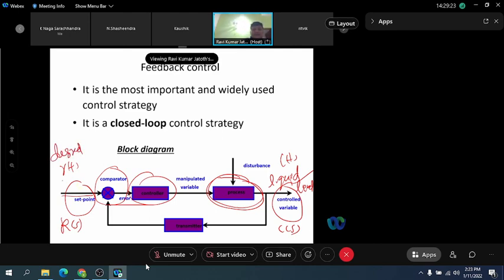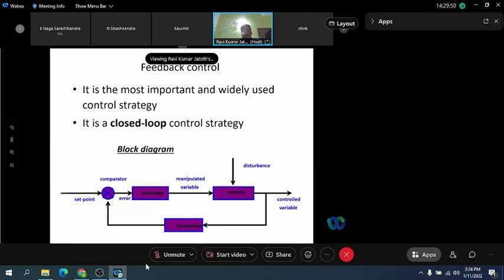Desired level or reference level. The liquid in the tank can be, let us take, 50 centimeters or 100 centimeters and so on. So that is the desired level. The output is the liquid level. The level of the liquid has to be maintained constant. This is desired and this is the liquid level.